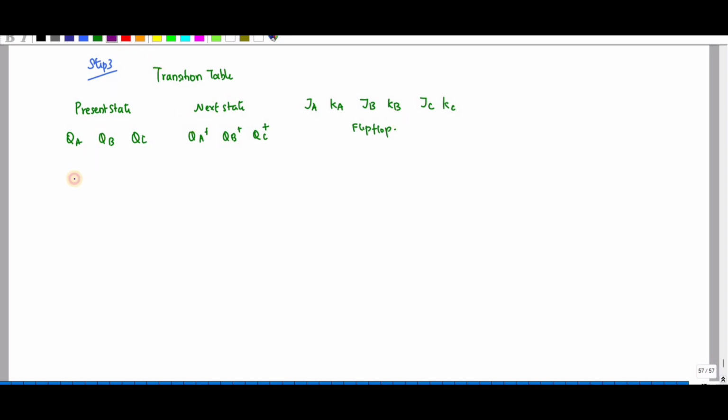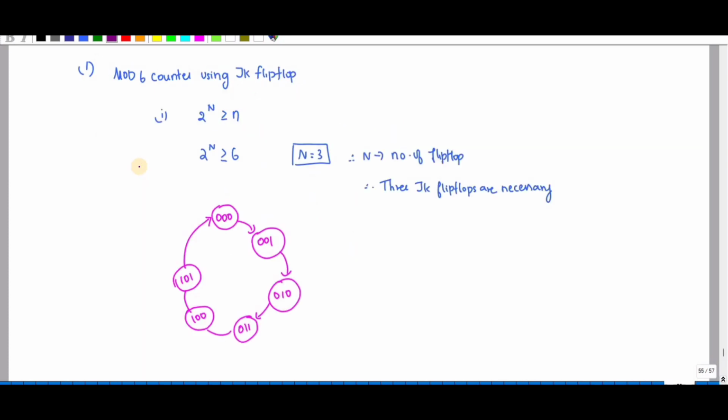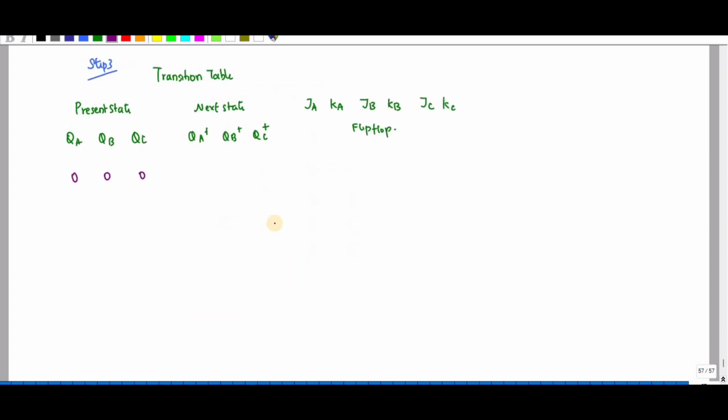I have already drawn the state diagram, so this is your state diagram. Since it is mod 6, I have drawn 6 circles. If the present state is 000, the next state is 001. If the present state is 001, the next state is 010.